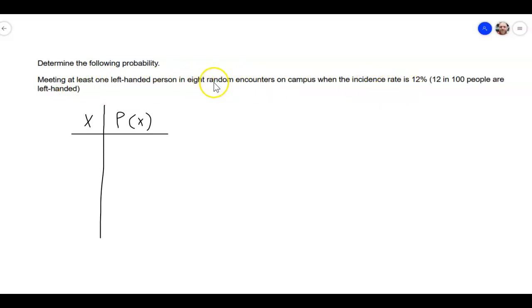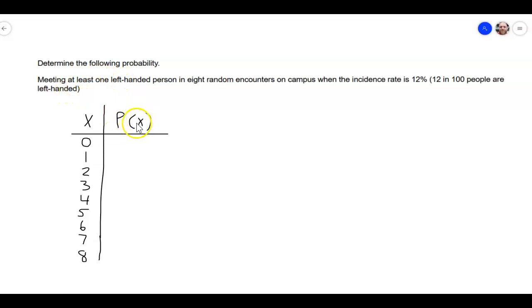There's 8 random people, so I could meet none of them that are left-handed, I can meet one that's left-handed, 2 of those people could be left-handed, 3 of them could be left-handed, 4, 5, 6, 7, and 8. Now you don't need to know how to do a probability distribution table, but I think it would be really useful to use this to understand how we're actually solving this question.